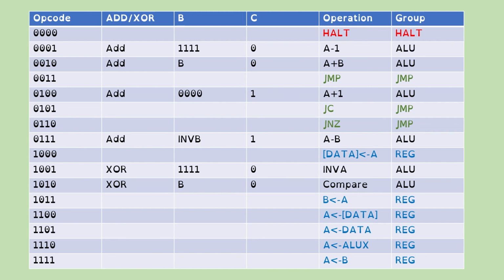We've got the register transfer operations, which I'm going to call reg as a group, which are blue, and we've got halt, which I've got as red. And one of the things that the control unit is going to do is, in fact, pretty much the first thing that it does when it gets the opcode is work out which group of operations it's in, and then it will work out from there which particular operation it's going to use.